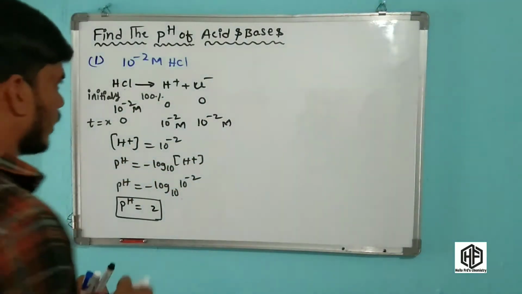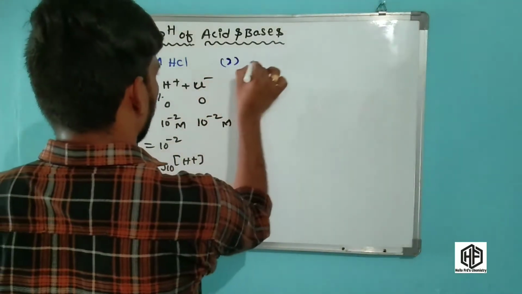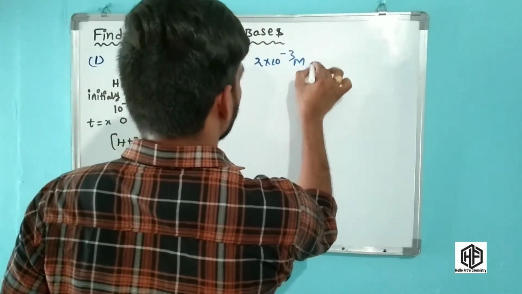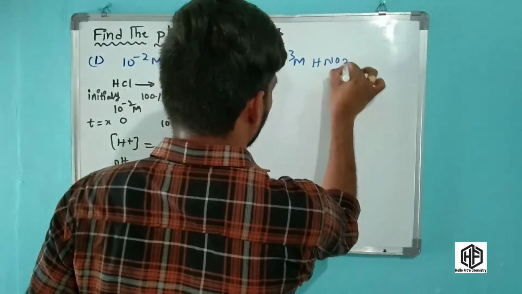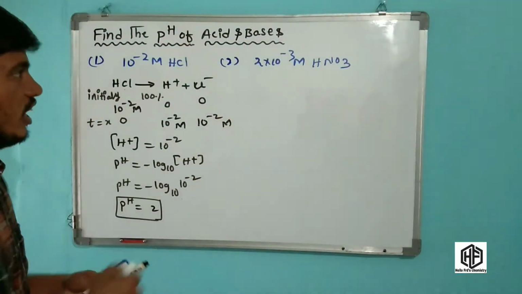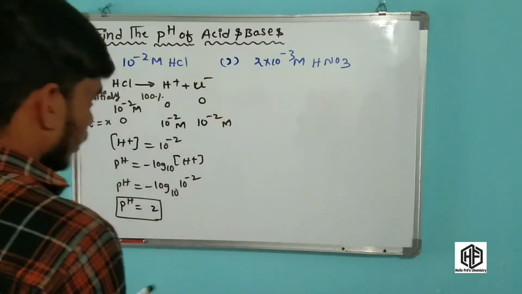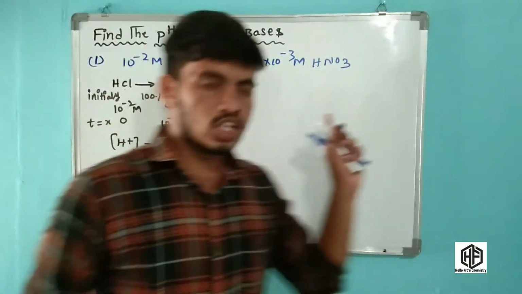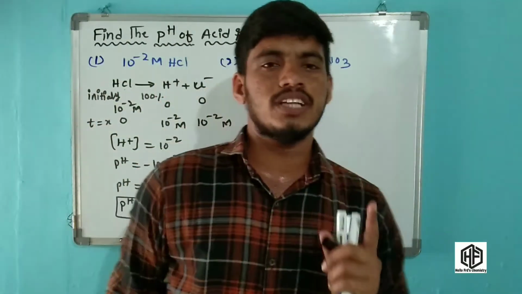Now one more important example in monobasic acid: the concentration of HNO3 is 2 into 10 to the power of minus 3 molar. Find the pH of this solution. Friends, this is a monobasic acid, because one H plus ion is present.